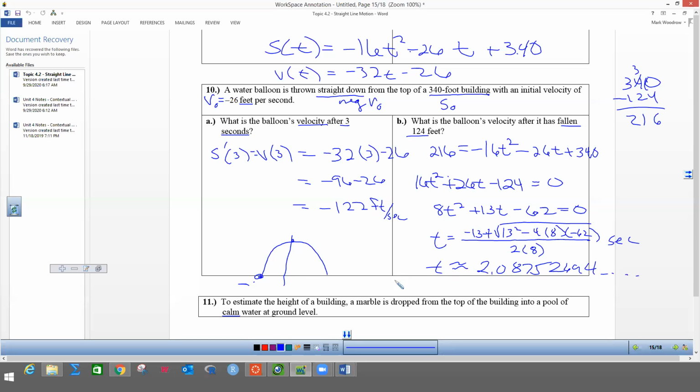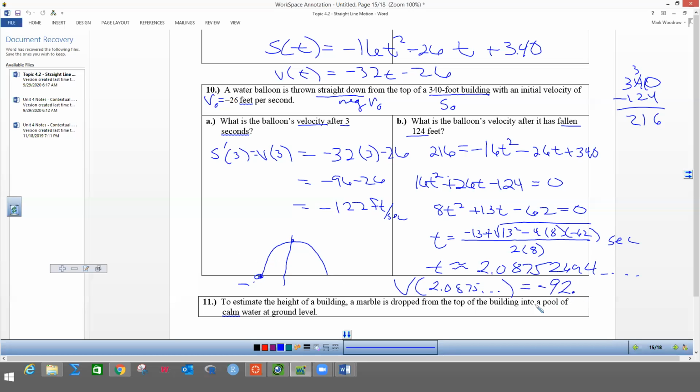It keeps going. So I need to find the v of that 2.0875. I'm going to plug that back over here into this value, and we'll do that on my calculator. So that is negative, and I'm going to round this to 3 decimals.